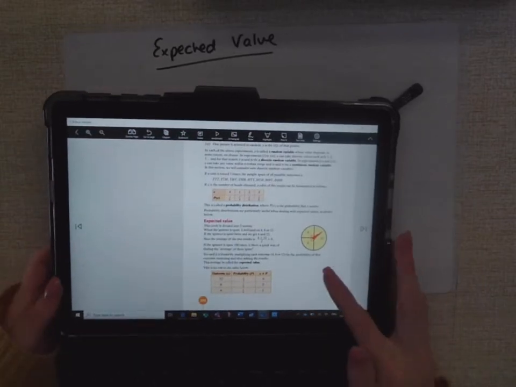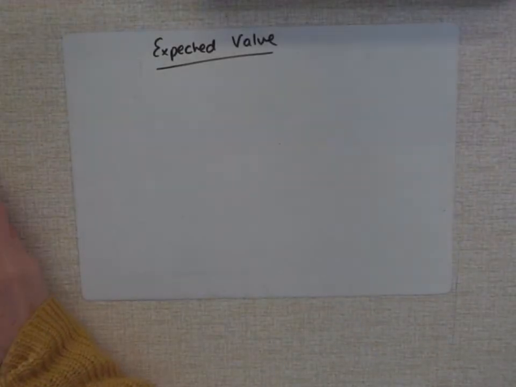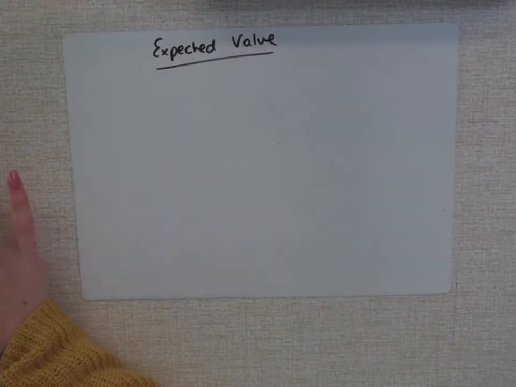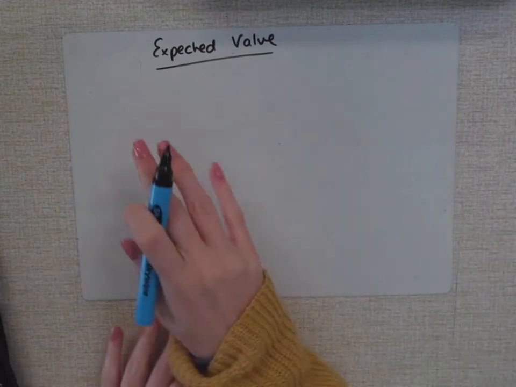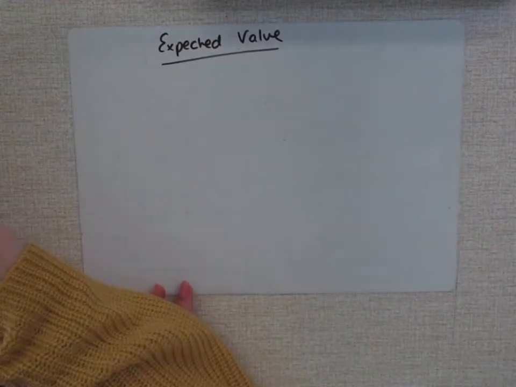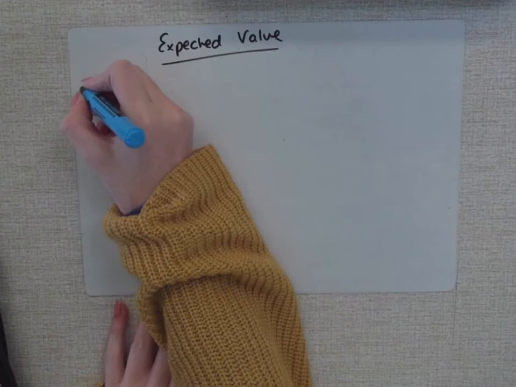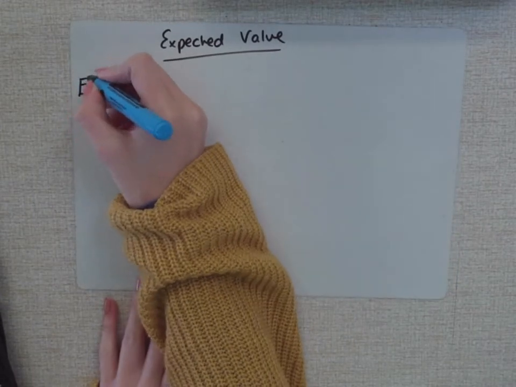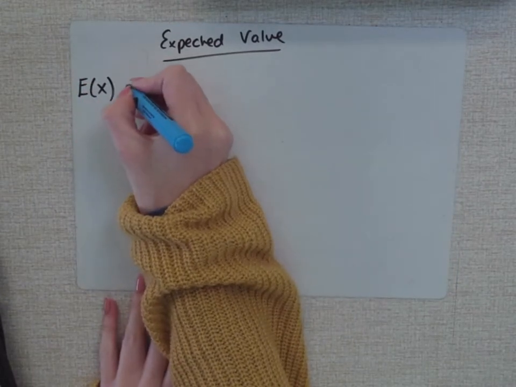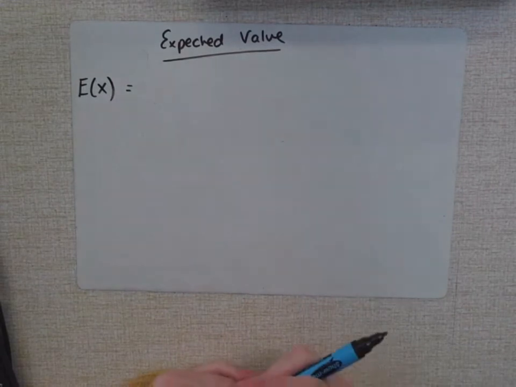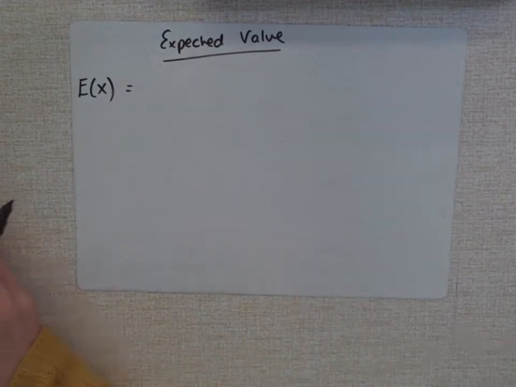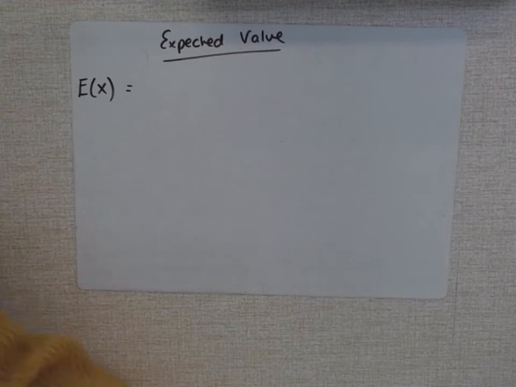So, if we actually do a question, before that I'm just going to write the formula for expected value. Now I wouldn't bother learning it or even using it really, because we're just going to do exactly what we did. We're going to multiply the probability by the outcome and add up my answers.